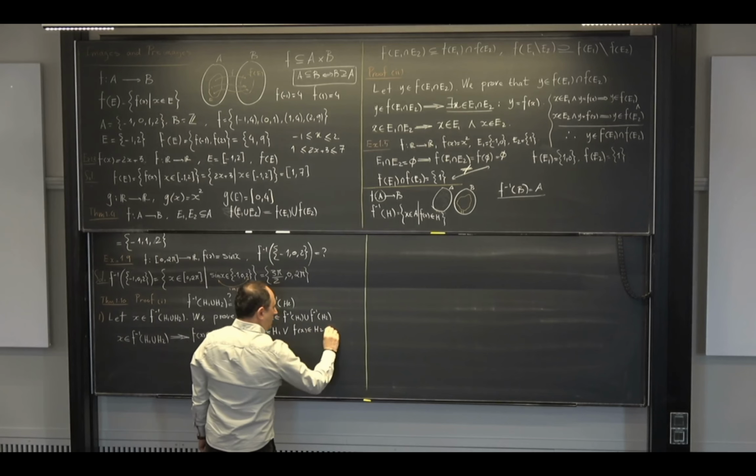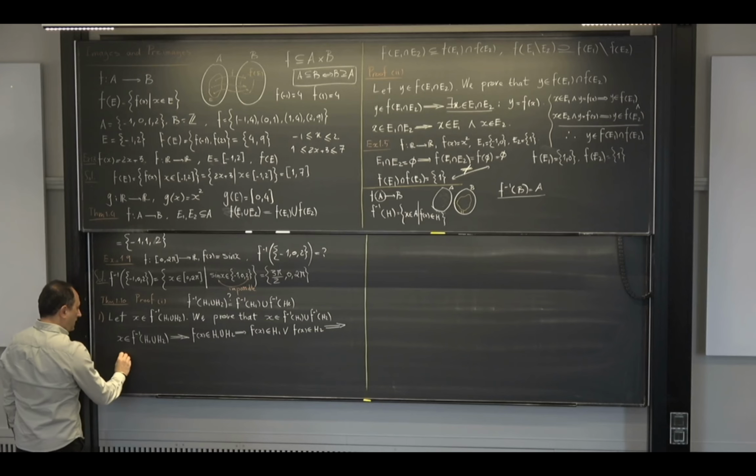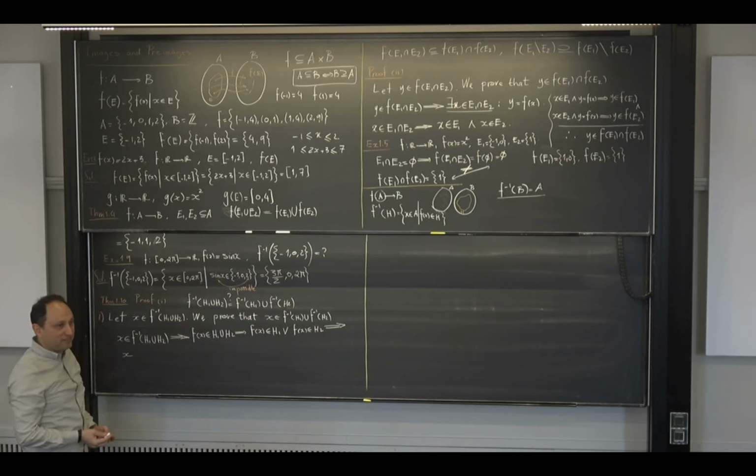But tell me, if someone tells you F of X is in H1, what can you conclude about X? Where does X live? X is somewhere, but after F is applied on X, you find yourself in H1. So where was X? In the domain.